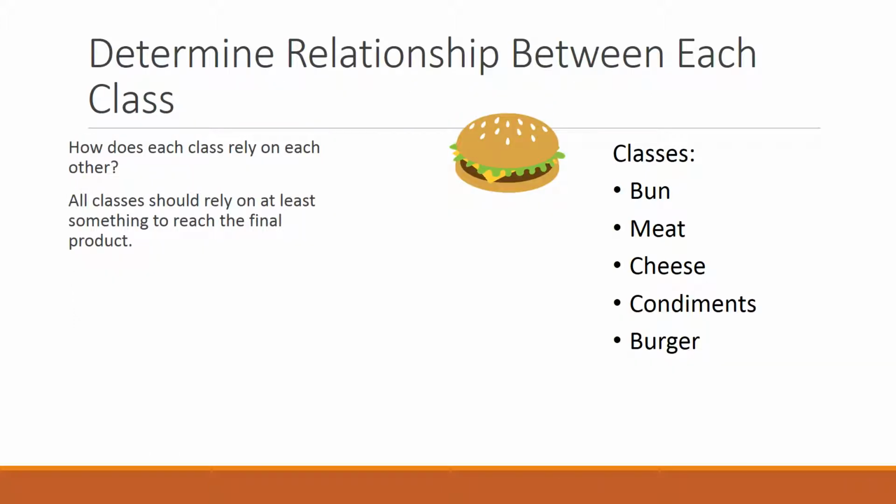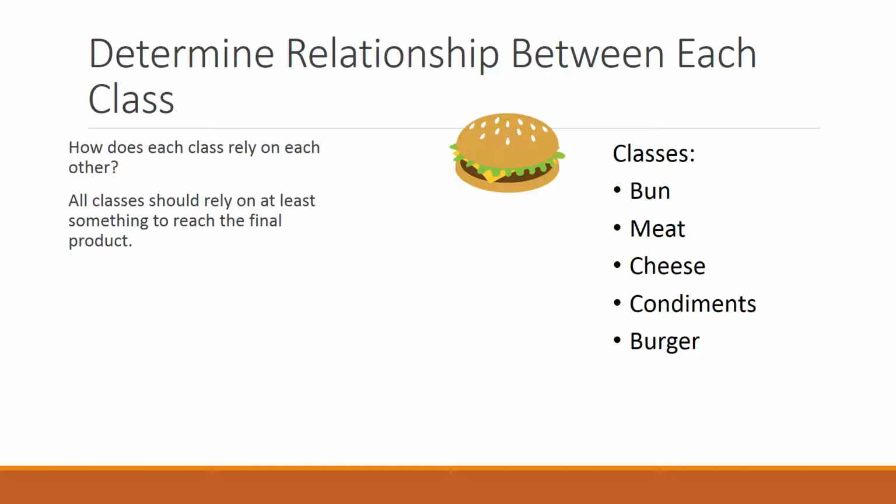The next piece is we need to determine relationships between each class. This is where, if you're thinking about it, you're probably going to get a little hung up, because we know that the burger, I've been watching too much Jimmy Neutron, needs, at least to be classified as a burger, bun and meat. So it needs those two things.